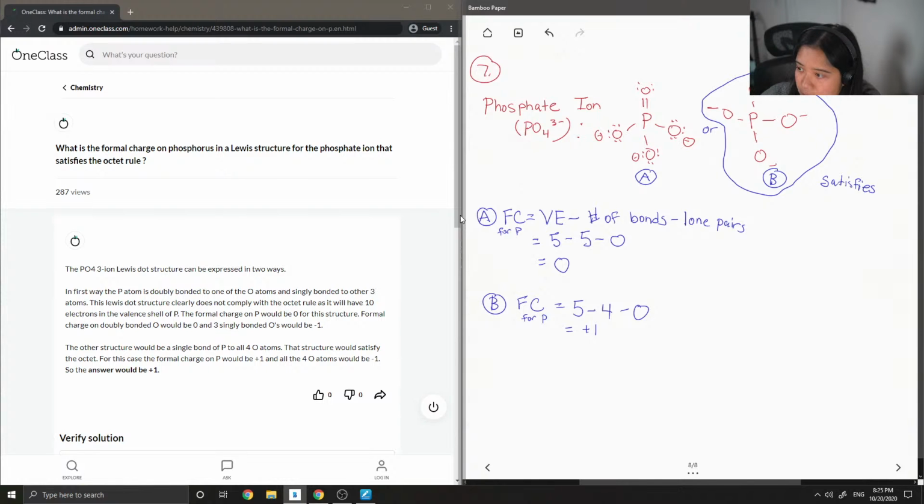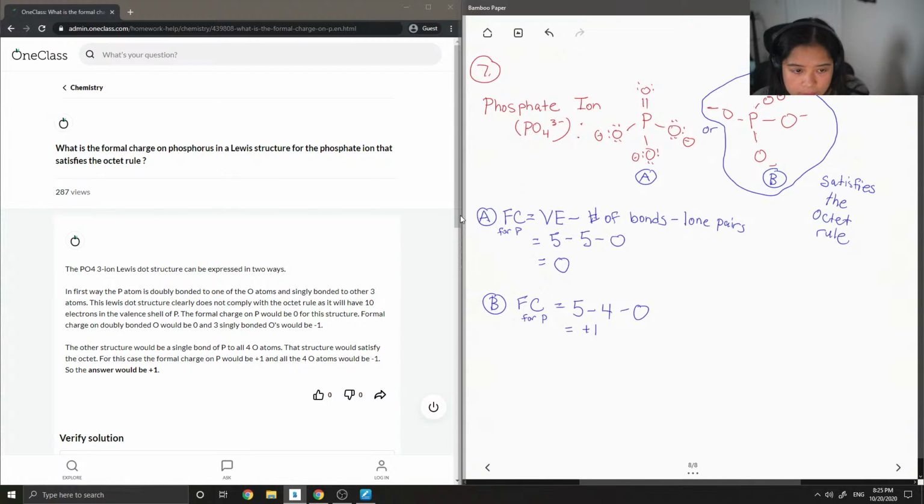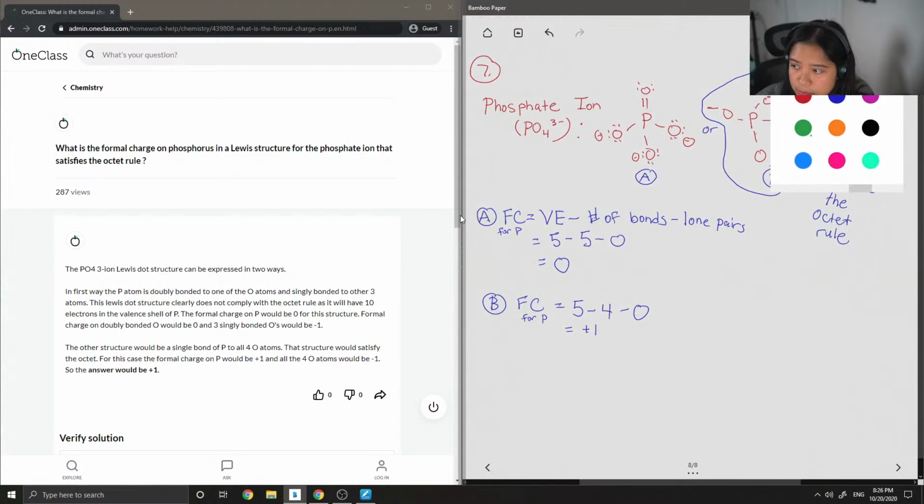Let me rewrite this so that you can see it. So this satisfies the octet rule. So the formal charge would be the +1 as our answer.